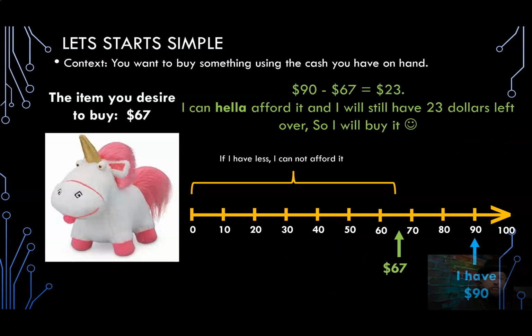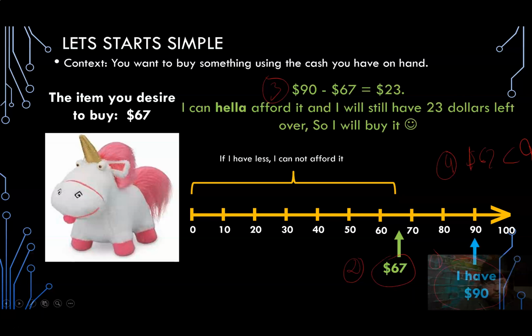So another example. In this case, I've got $90. It costs $67. I can subtract the two, a difference of 23, and then premise 4, a step for the premise right here, is that 67 is less than $90.